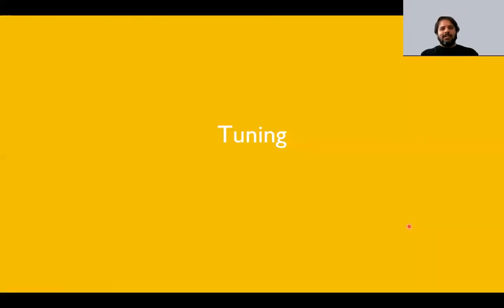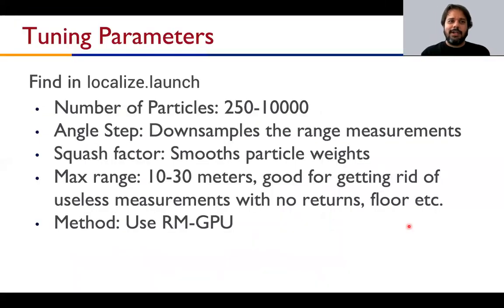So let's talk about some practical ways of understanding the actual implementation of the particle filter. There are many things that you have to control that will change the behavior and accuracy of your localization. The very obvious one is the number of particles.